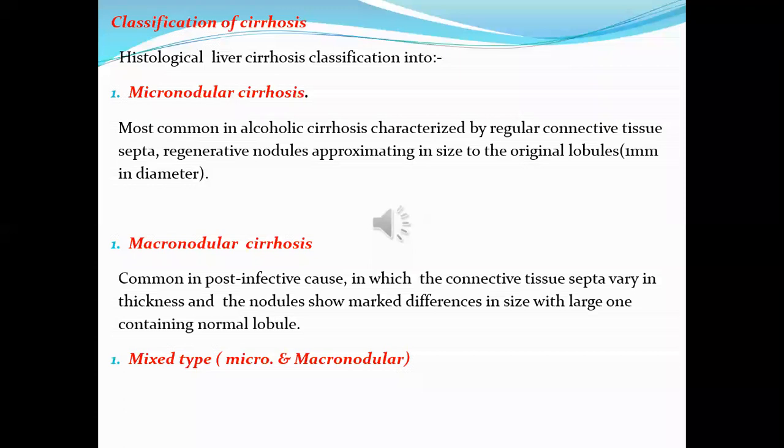Sometimes the largest contain many liver lobules. This is due to infection, hepatitis B, C, or viral hepatitis, while micronodular is alcoholic, or mixed between the two. When the causes are mixed, they lead to a mixed type of macro and micronodular cirrhosis.